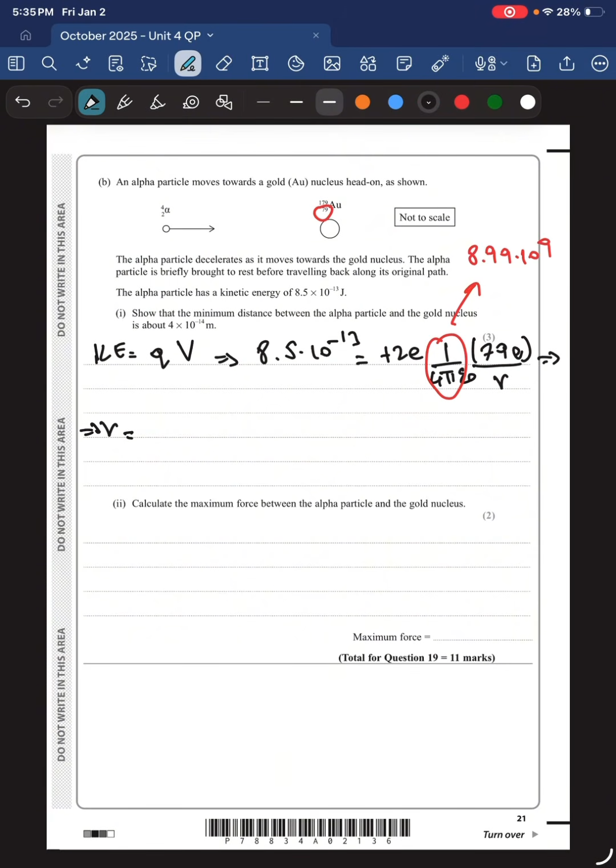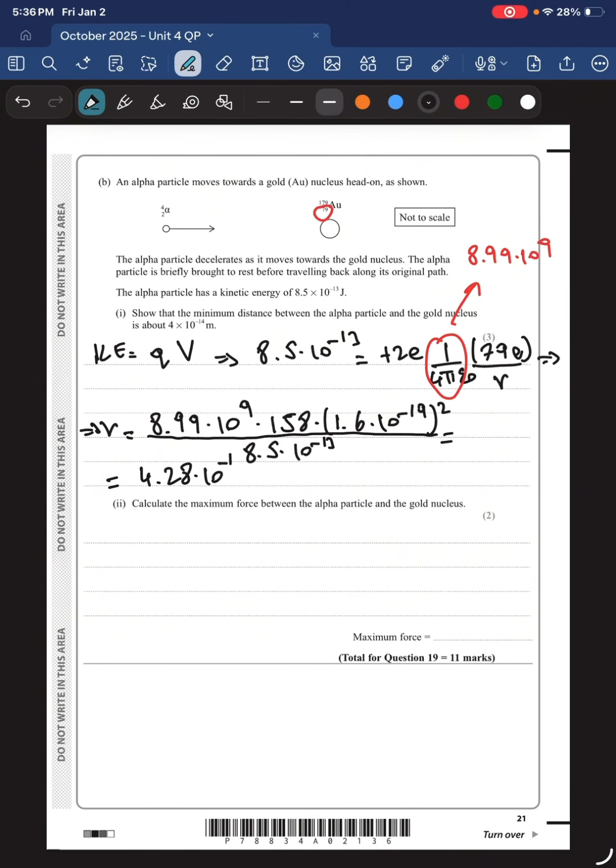Let me show you what we have to plug in. 8.99 times 10 to the 9 times 158 times 1.6 times 10 to the negative 19, which is the charge, and this should be squared, over 8.5 times 10 to the negative 13, and the result is 4.28 times 10 to the negative 14 meters, which is what they state.